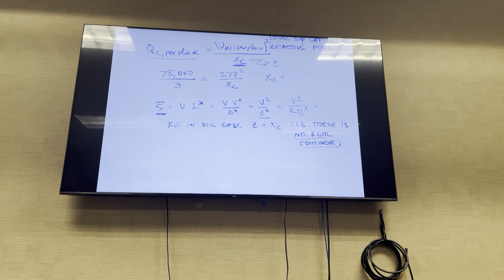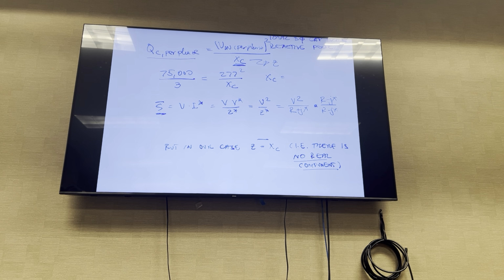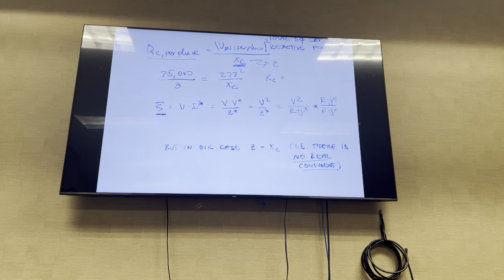And then I can find the real and reactive component here. So what I'll end up with is, if I multiply this by R minus JX over R minus JX, I'll end up with S is V squared R over R squared plus X squared minus J V squared X over R squared plus X squared.